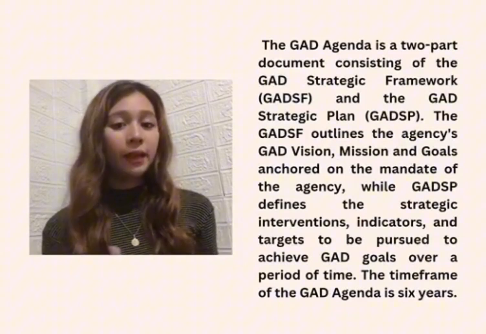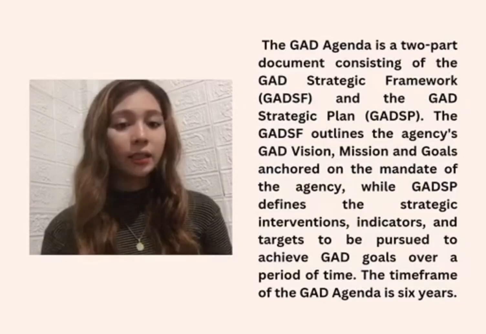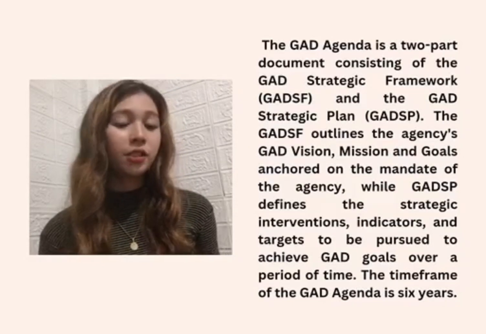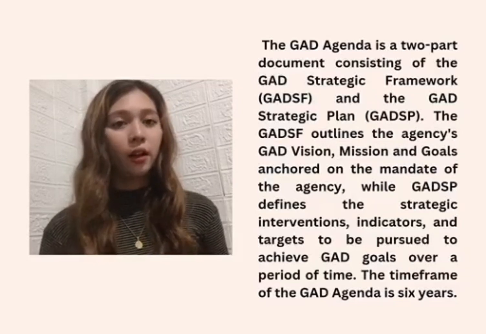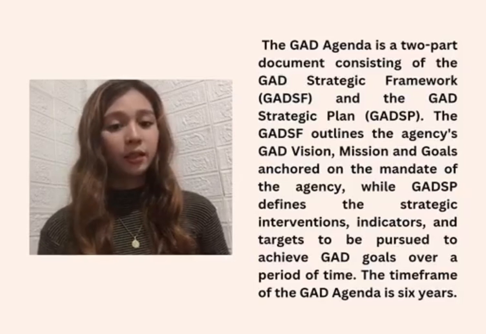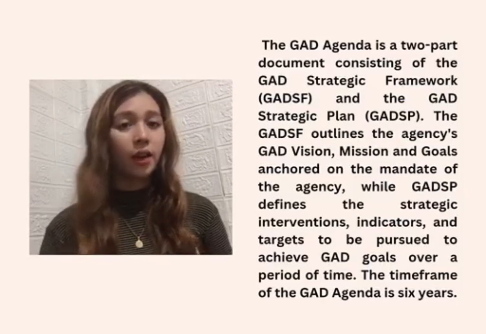These plans matter because they turn broad gender equality goals into practical, measurable actions the agency can follow to create real change. So the GAD framework and the strategic plan give agencies clear direction for gender equality efforts.